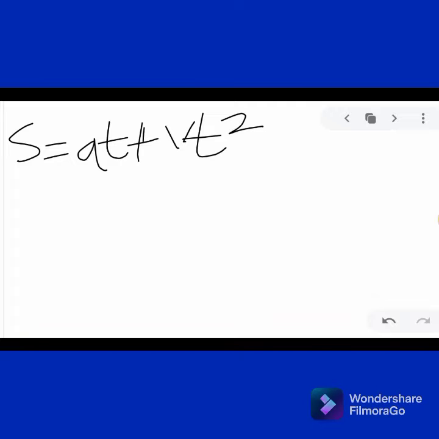Okay, so for dimensionally correct, we're going to use the same pattern of solving for dimensions. We're going to get the dimension for S, then the dimension for AT, then the dimension for VT squared. So let's look at the S. If you're familiar with physics, S denotes distance.